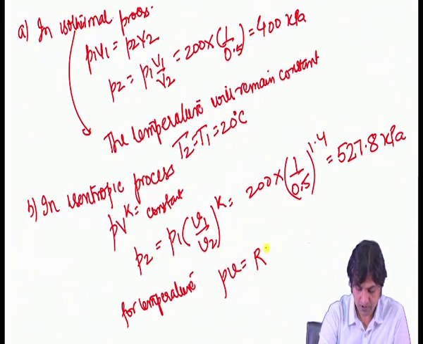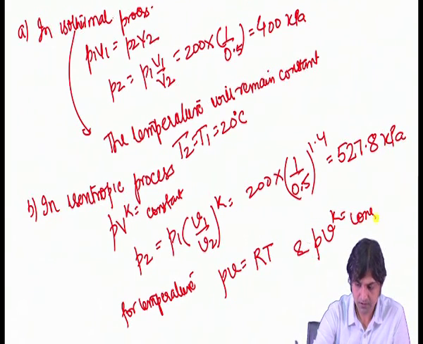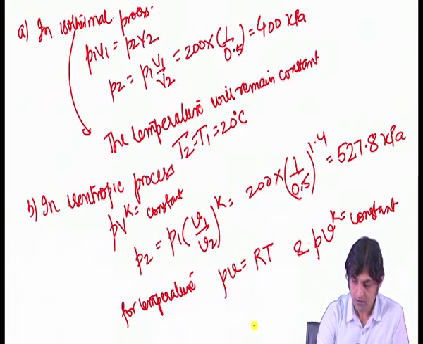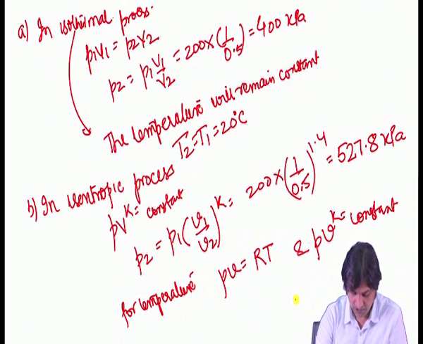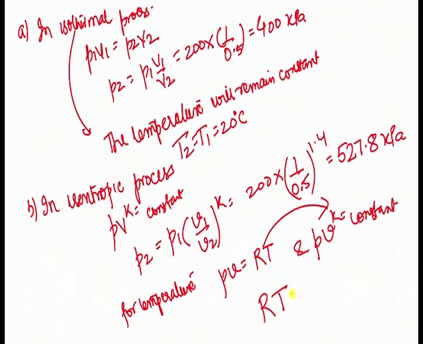PV is equal to RT and PV to the power k is constant, right? So we can use this equation here, and then we can write RT V to the power k minus 1 is equal to constant.